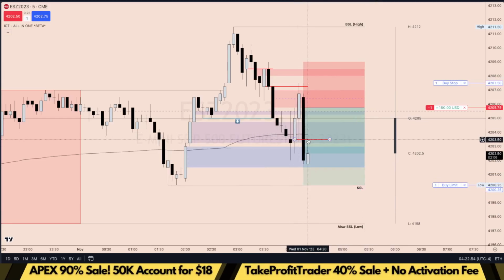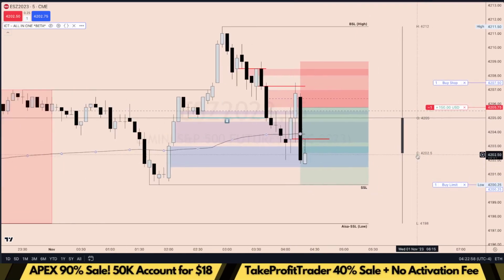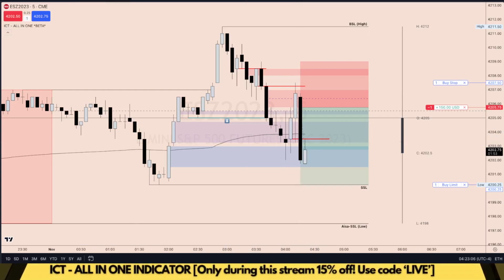We hit the order block paired with the inversion, starting to reject. Likely we have some 1 minute fair value gaps in here on this very strong 5 minute candle right here, and likely as well, but I'm not going to be dropping down to 1 minute.